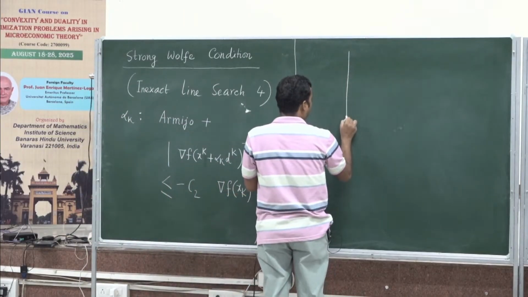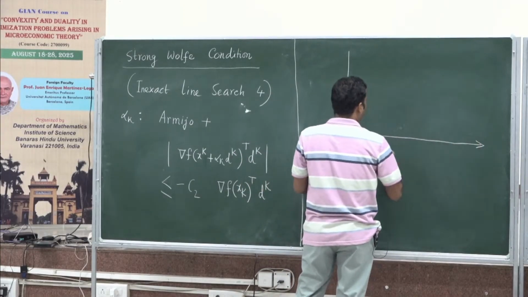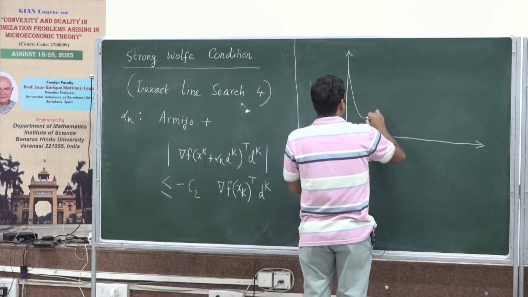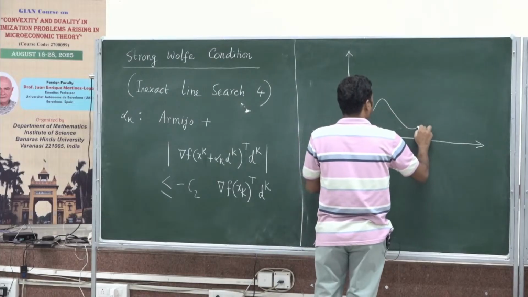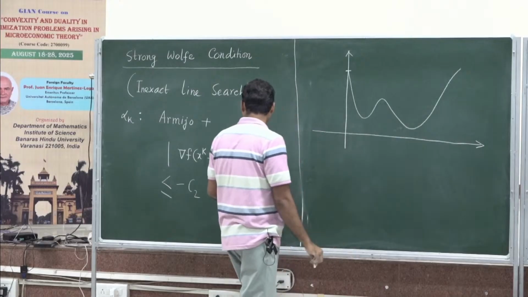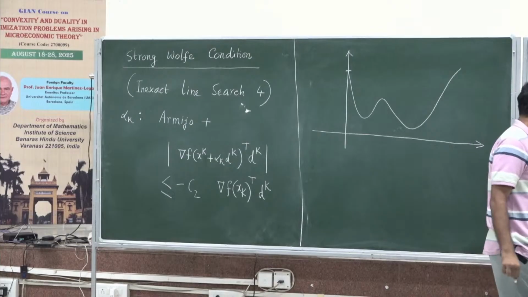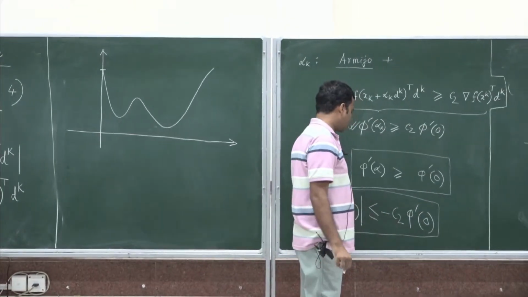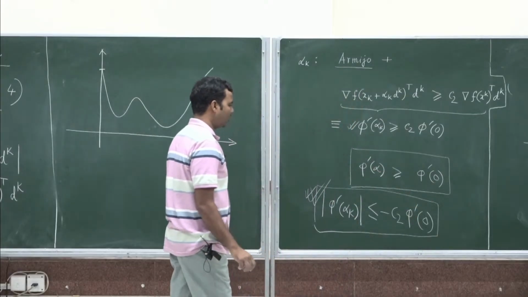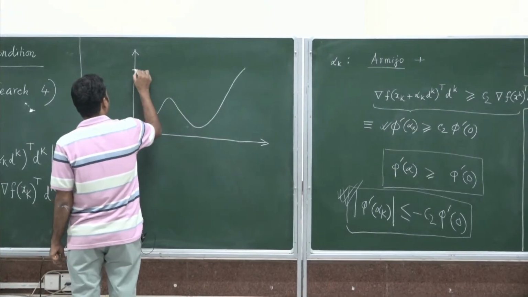Geometrically, the strong Wolfe condition says that the slope at the point alpha k must be in between c2 times phi dash 0 and minus c2 times phi dash 0, right? c2 times phi dash 0 is this slope.